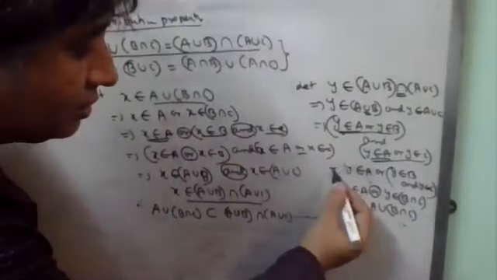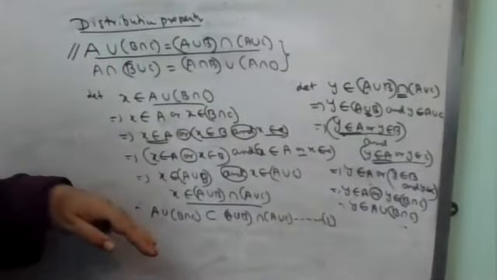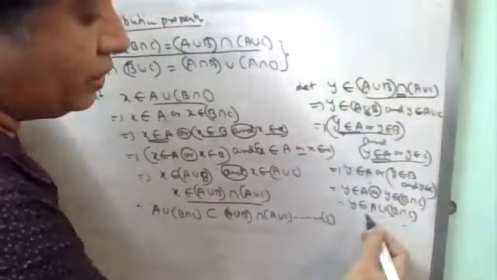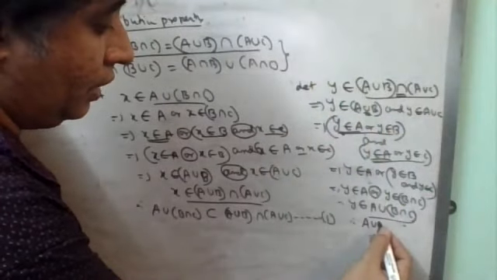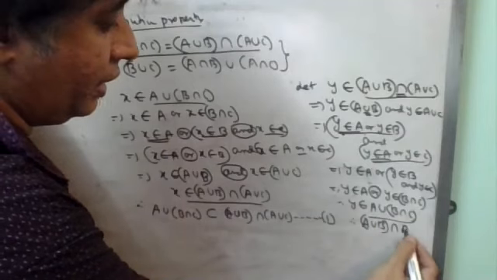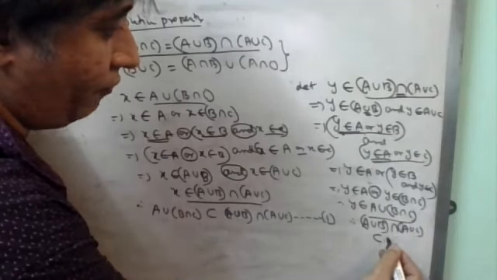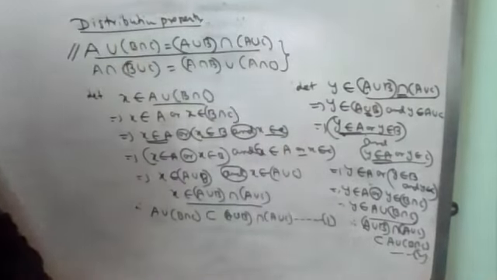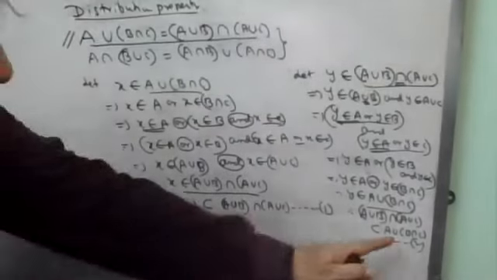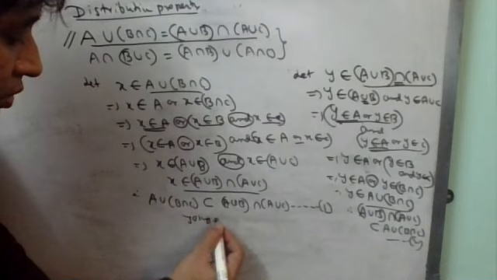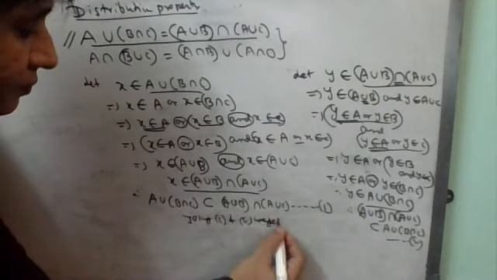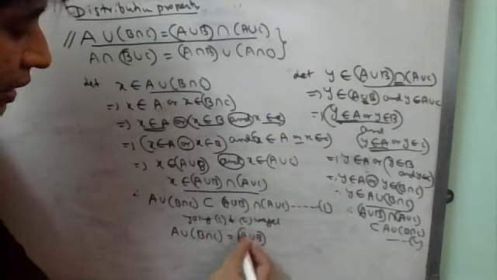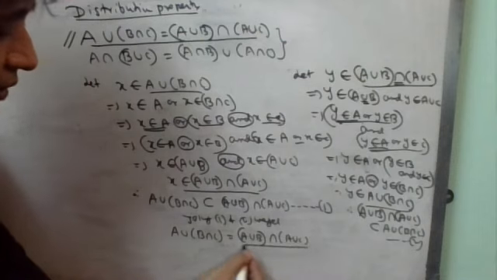So, like the previous procedure, we can say Y belongs to this implies Y belongs to this. So this is the subset of this. Therefore, (A union B) intersection (A union C) is the subset of A union (B intersection C). This is result 2. Now joining 1 and 2, we get A union (B intersection C) is equal to (A union B) intersection (A union C).